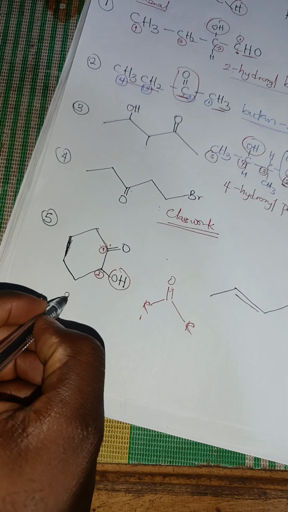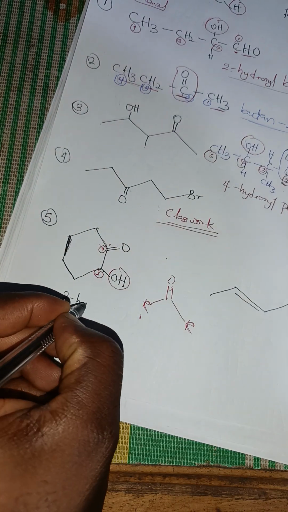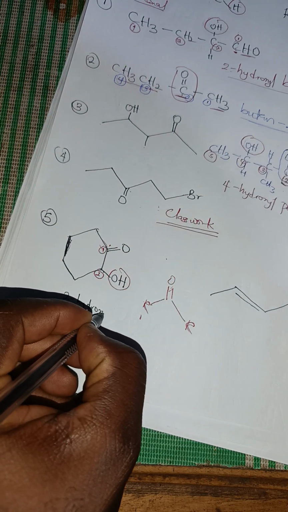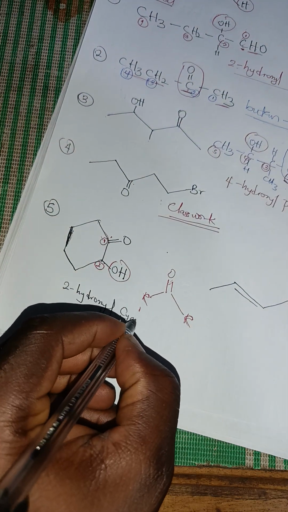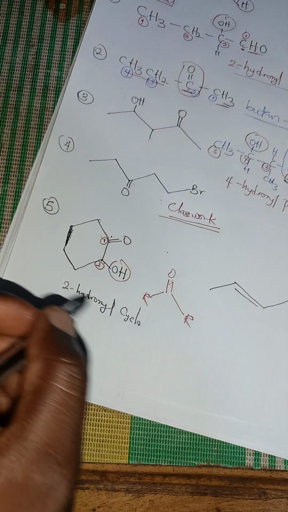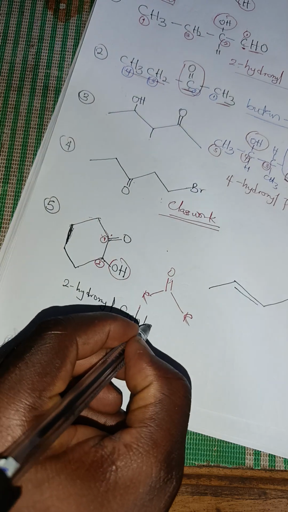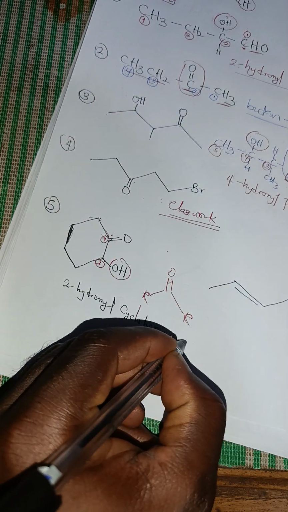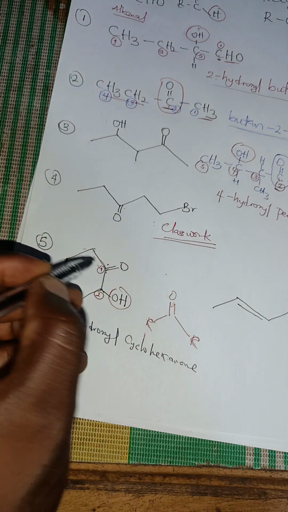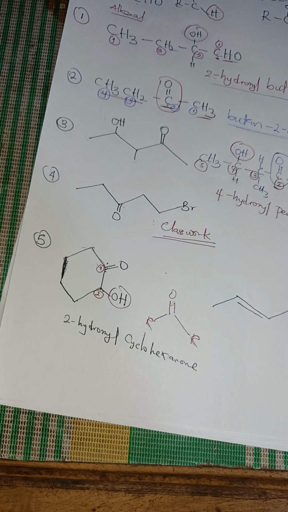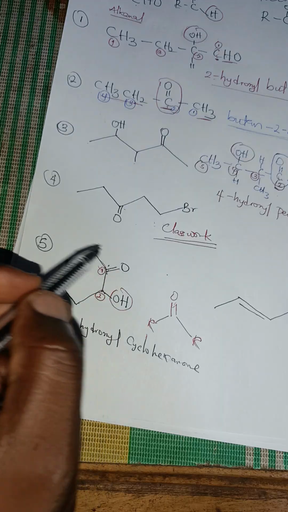So this is going to be 2 hydroxy, cyclo, 6 carbons, 1, 2, 3, 4, 5, 6, cyclohexane, hexanone. Because we believe that this guy is in position number 1. It's cyclic. It's in position number 1. And this functional group is alkanone.